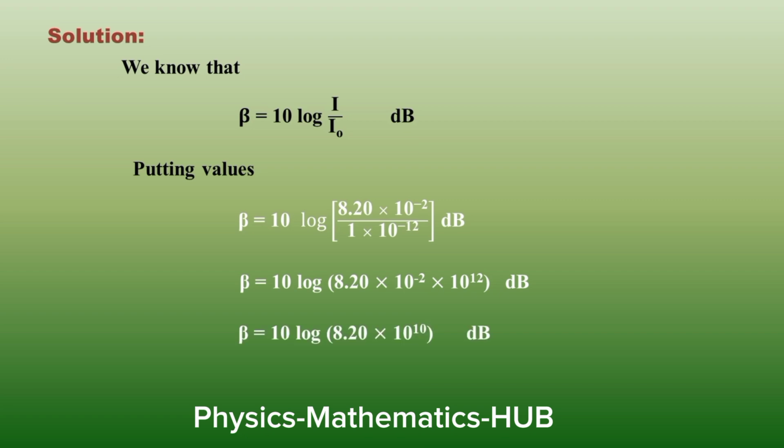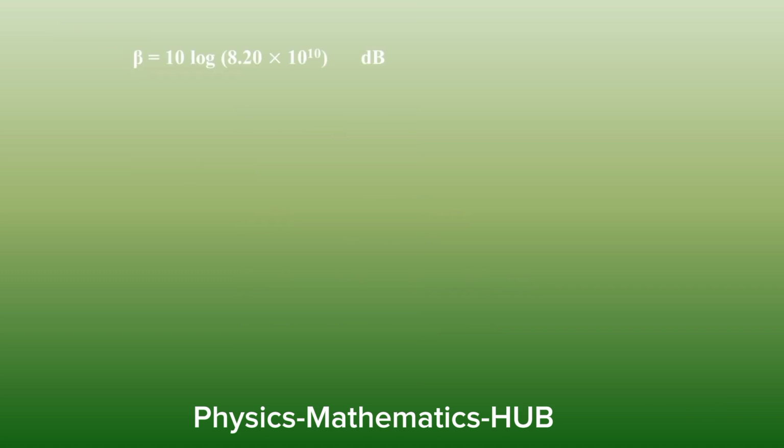Further simplification gives beta is equal to 10 log of 8.20 multiplied by 10 to the power 10 decibels.